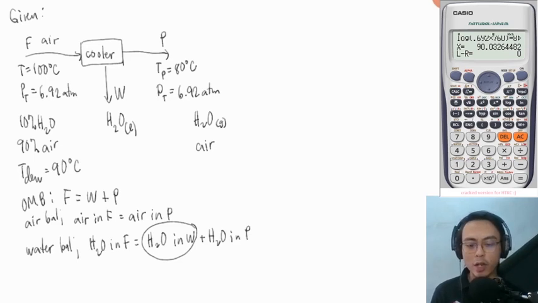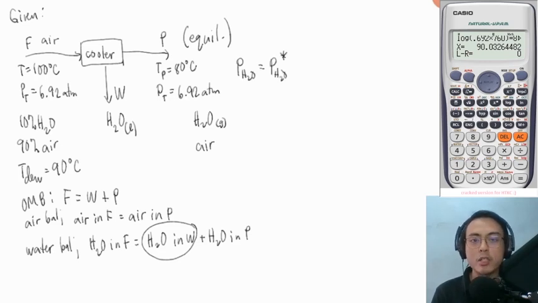That is lower than the dew point temperature of the feed, which is 90 degrees Celsius, which means that your product is at equilibrium. And since your product is at equilibrium, we can apply the equilibrium condition at the product. The partial pressure of water in the product is equal to the vapor pressure of water in the product.